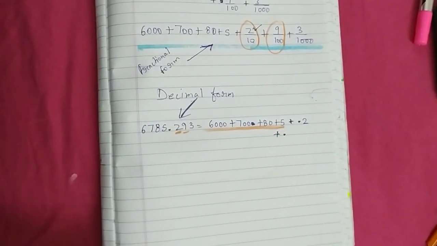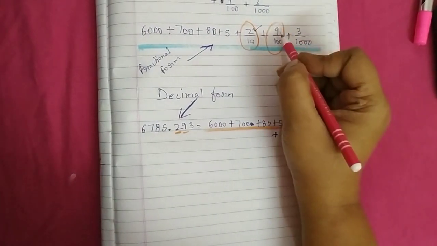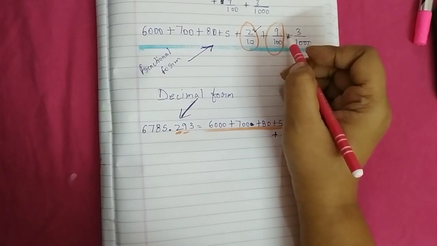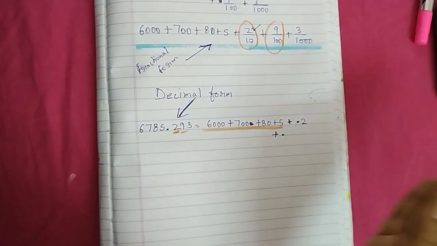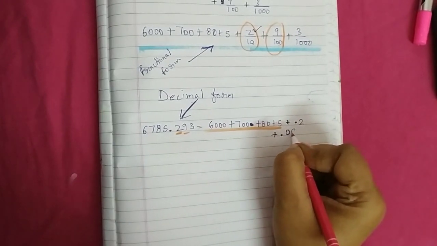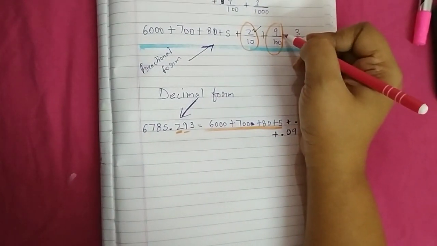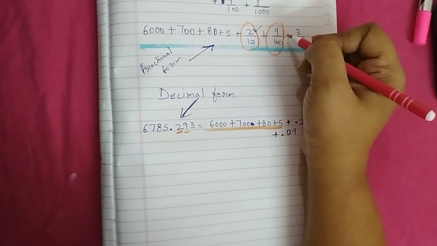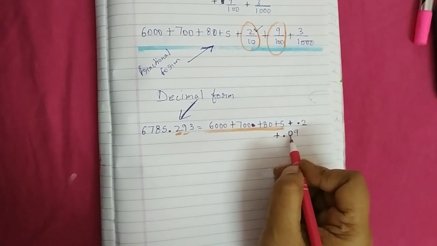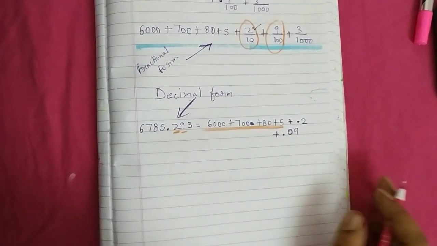That means we are going to write 2 digits after decimal, but we are having only one digit here, 9. We are not having 2 digits. So what we are going to do? We will add 0 before 9. So after decimal, 0 and 9. 1 digit we are already having. How many digits are we not having? 1 digit. By adding 1 more digit, it will make 2 digits. Yes. So 0.09. Is it clear, child?